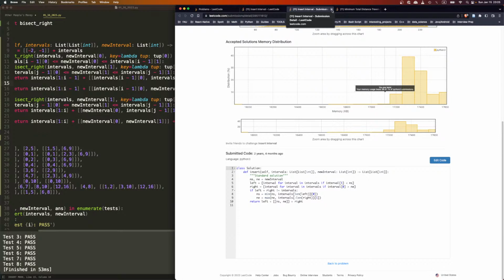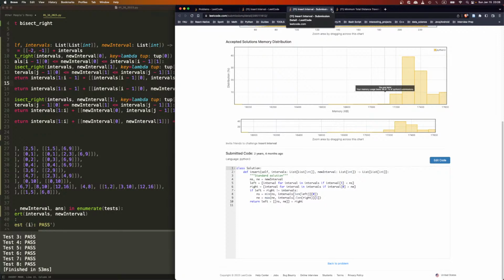And then what? If left plus right is not equal to intervals, then we have overlap. If left plus right is intervals, then there's no overlap.